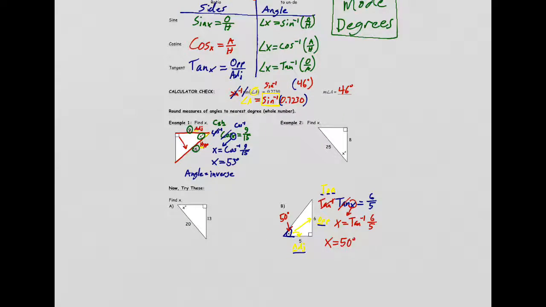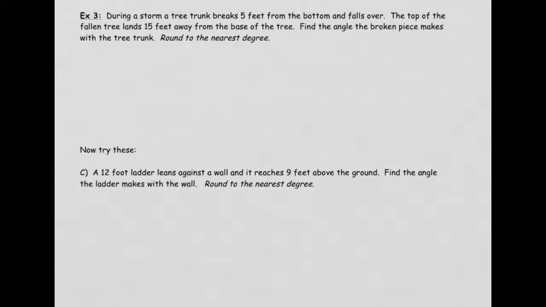So, we've got these guys right here, all of that stuff, and now we're going to go to our word problems. Let's take a look at example 3 for the word problem. During a storm, a tree trunk breaks 5 feet from the bottom. Okay, so let's see. I've got my tree trunk right here.